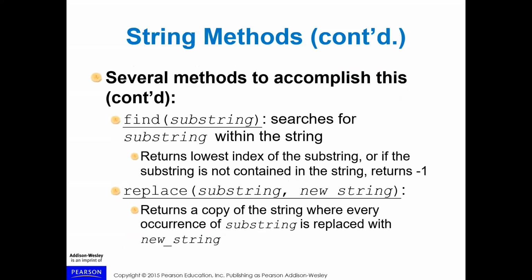It searches for a substring within the string, and it returns the lowest index of the substring, or if the substring is not contained in the string, it returns -1. Usually, if it returns -1, the convention is that it didn't find it. Otherwise, a positive value, including 0, to indicate where that string begins.